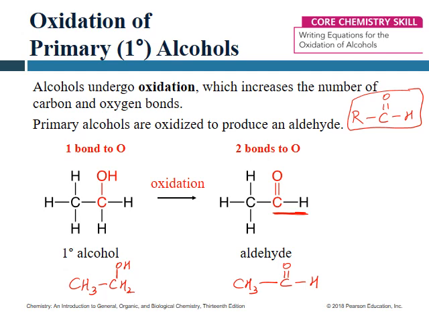You can see the number of bonds between carbon and oxygen in alcohol was 1, but in case of aldehyde it is a double bond between carbon and oxygen. So we have essentially increased the number of bonds between carbon and oxygen. So this is an example of oxidation, and we also lost one of the hydrogens from this carbon. So basically you can see what is lost is this hydrogen, and this hydrogen is lost, and there is a double bond between carbon and oxygen.